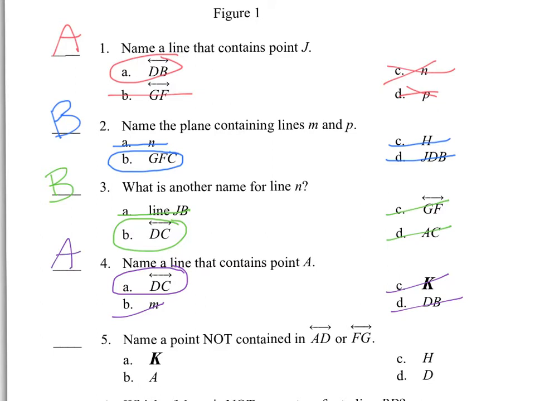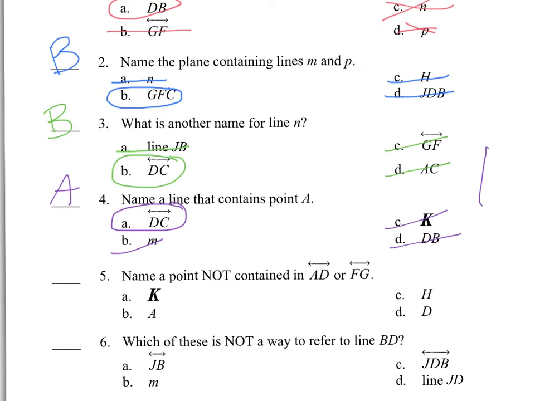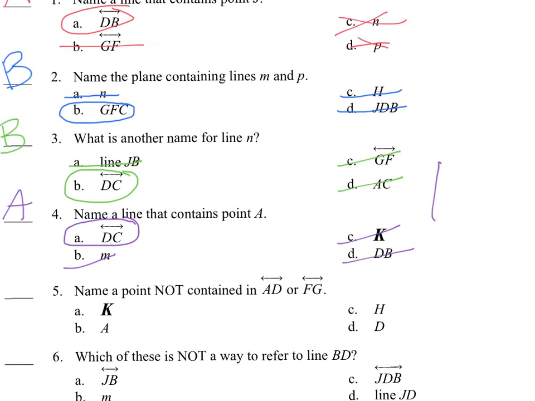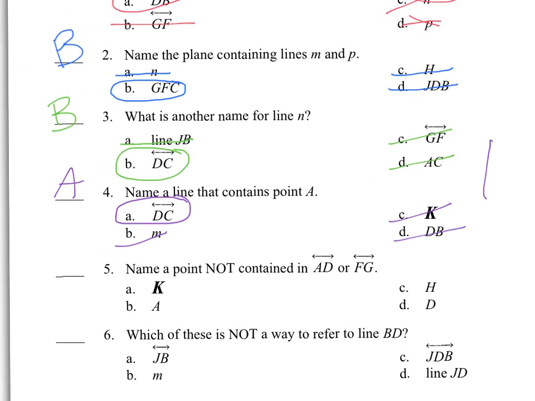Name a point not contained in AD or FG. First of all, looking at this, is K a point even? K is not a point, so we can cross that out. Let's see if A is on AD or FG.